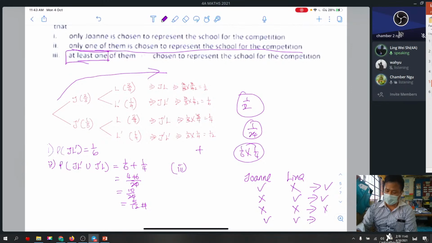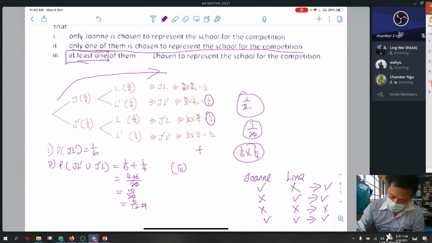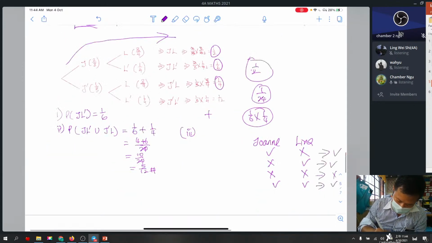So you see, join chose, Lina not been chose. This one. Join not been chose, Lina been chose ini. Dengan dua-dua dipilih ini. Right? So that's mean here lah.